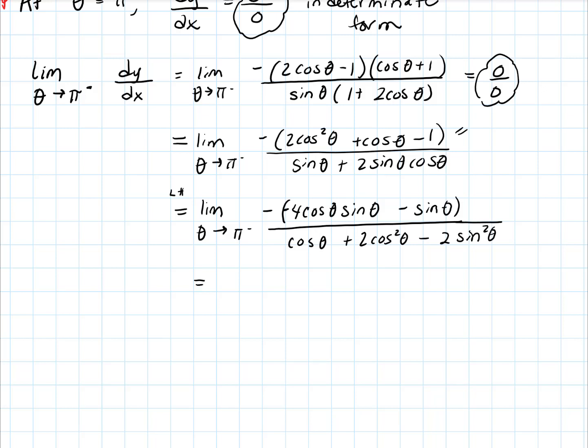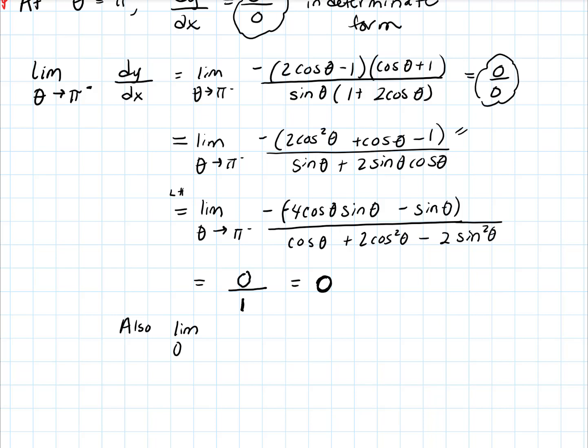Now if I let theta approach pi from the left, on the top we end up with a 0, and in the bottom we're going to have a -1 plus 2. Oh, 1. Check that out. We actually get 0.